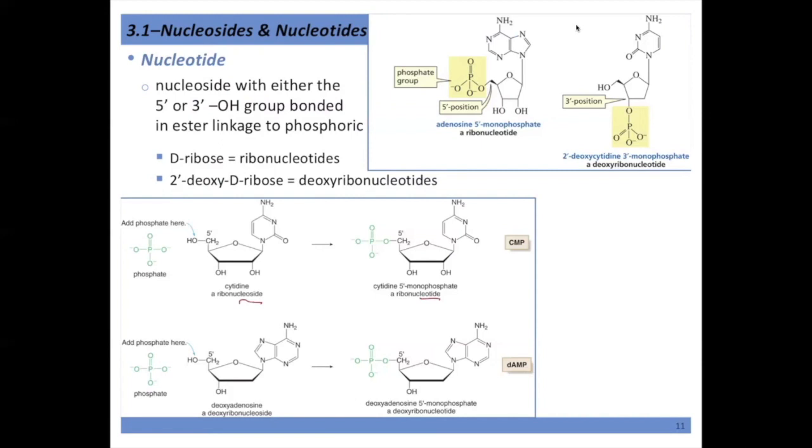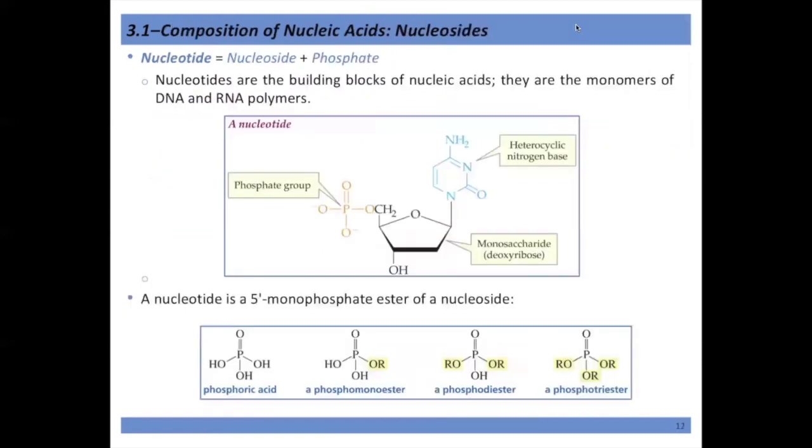Okay, so that gives rise to the nucleotides when we actually have the phosphate on there, and we've got the full structure. So a nucleotide is a nucleoside plus a phosphate. And that is it. We've got a heterocyclic base, we have a sugar, and we have a phosphate.